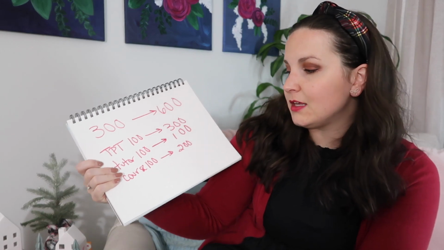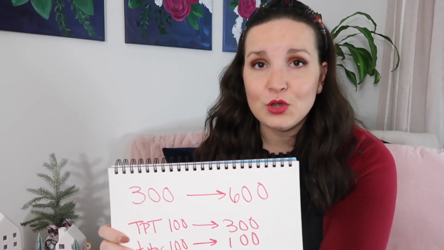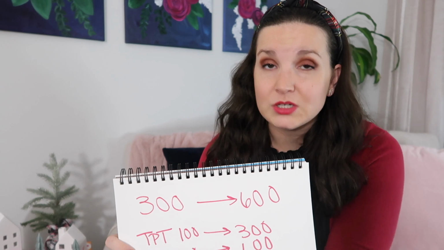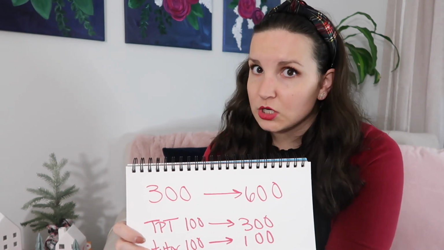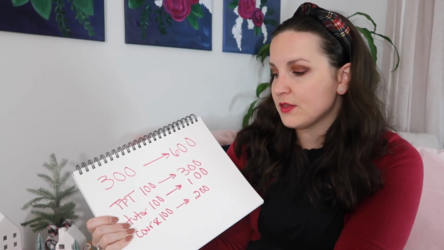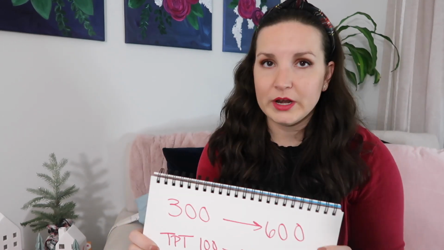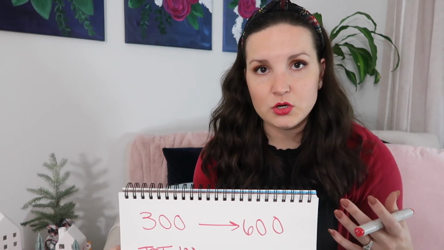If you're currently selling 2 of your courses and that's making you $100, you need to sell 4 of your courses in order to make $200. Same thing with TPT. If you're currently making $100 and you want to make $300, you need to 3x something. And that something can either be traffic, conversion rates, or products.